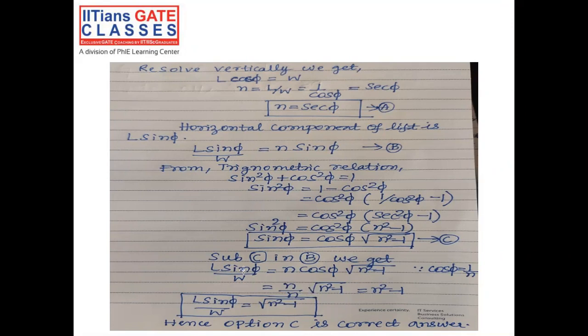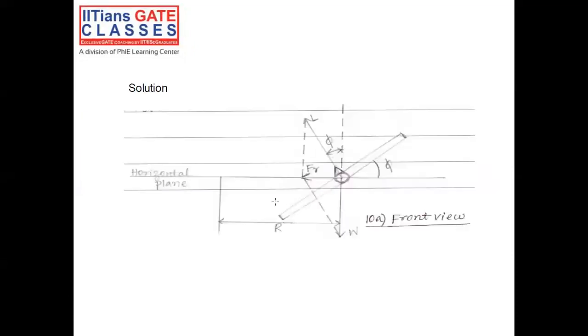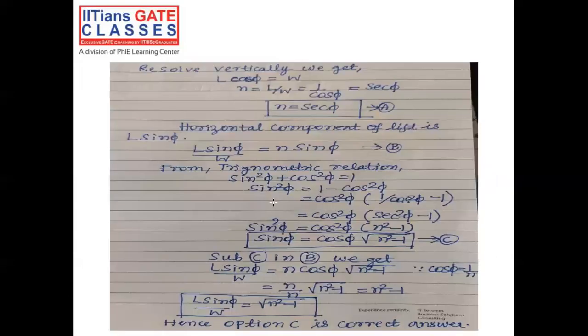So horizontal component of lift divided by weight becomes root of n square minus 1. So what is the option? Option C is the correct answer. That is, the ratio of horizontal component of lift divided by aircraft weight is root of n square minus 1.